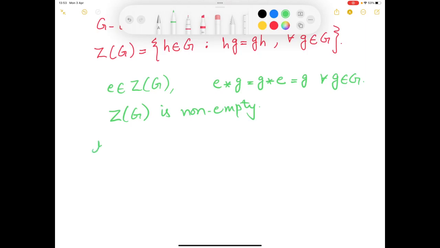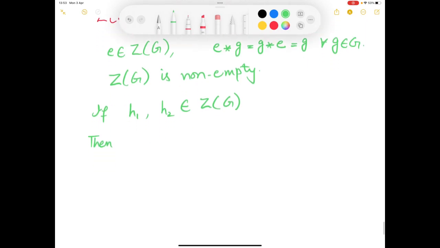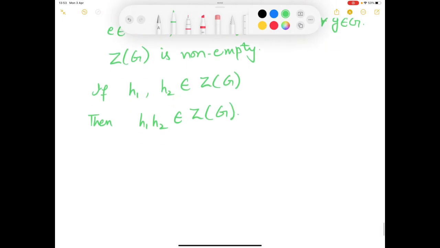Then if there are two elements h1 and h2 which belong to the center of G, then we will show that h1 times h2 is again in the center of G. To prove this, we will consider h1 h2 and multiply it with an element g.